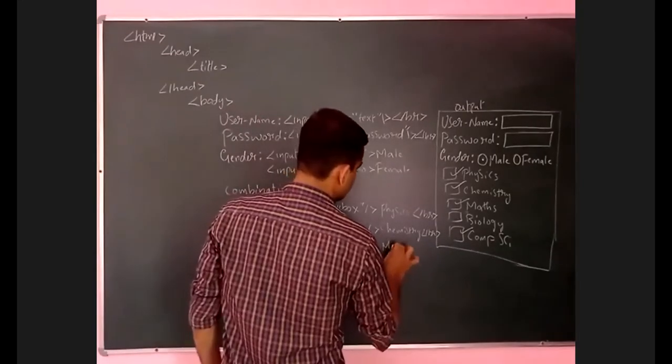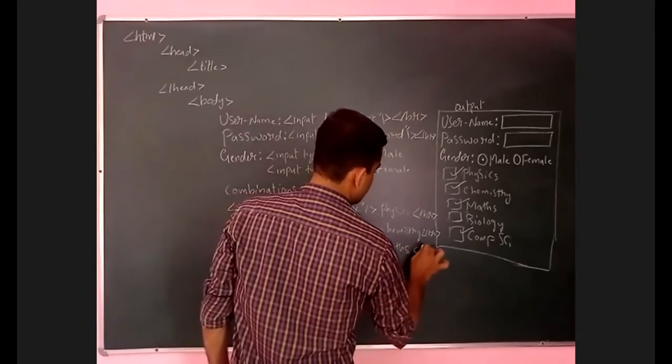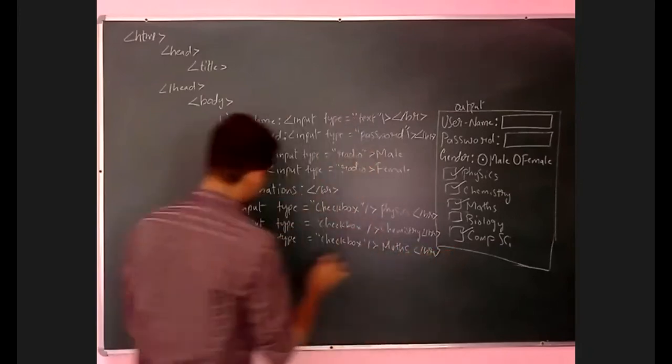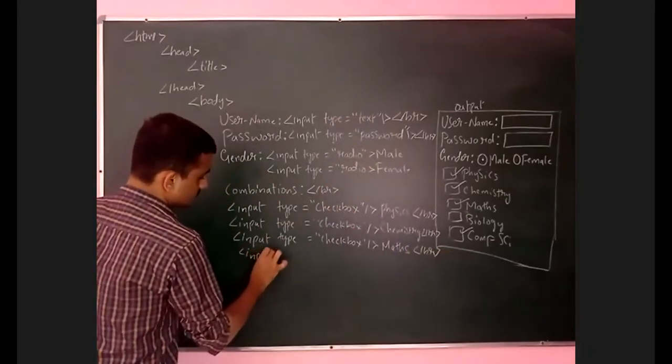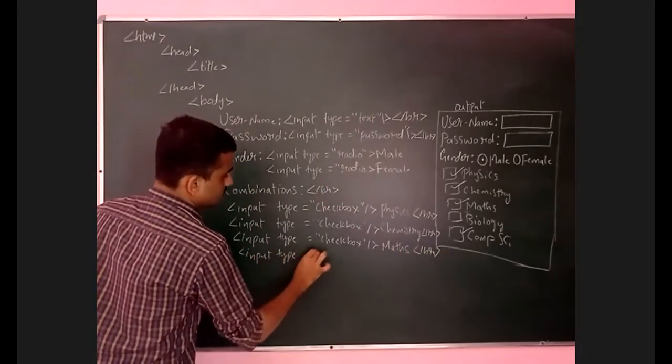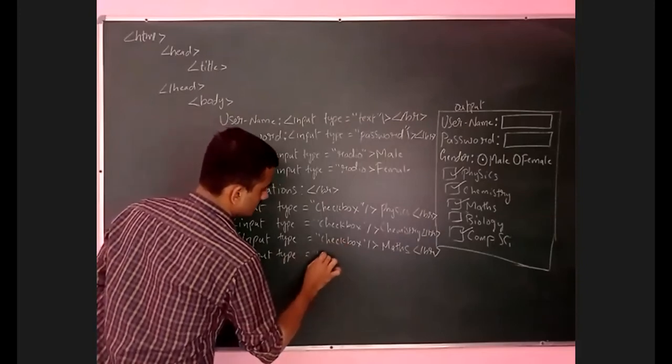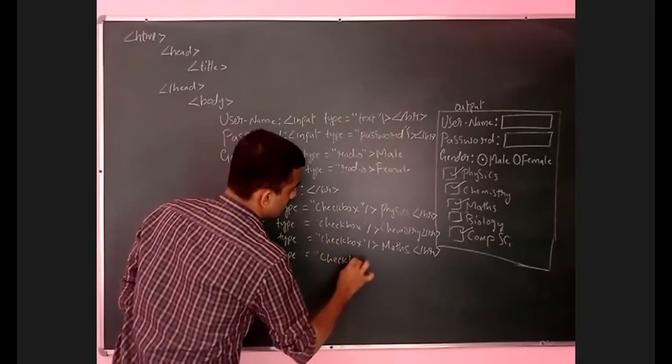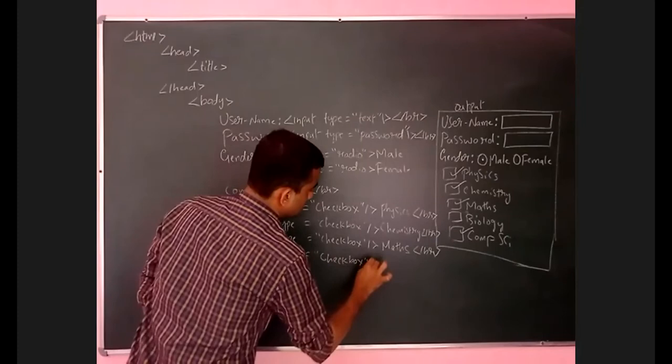Chemistry. Then input type is equal to checkbox. Then maths or mathematics. Similarly, input type is equal to checkbox. So biology.